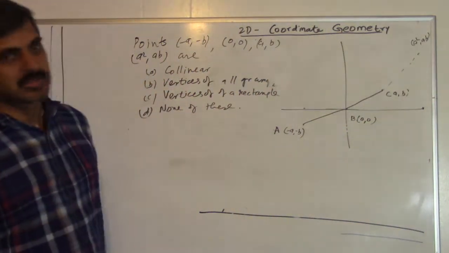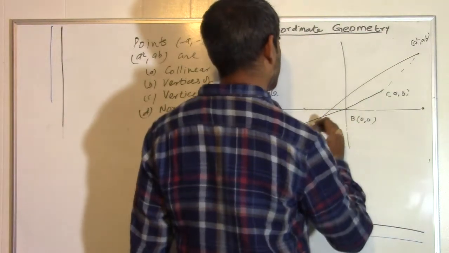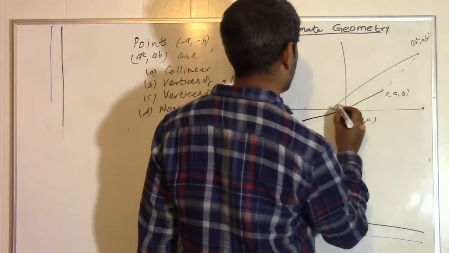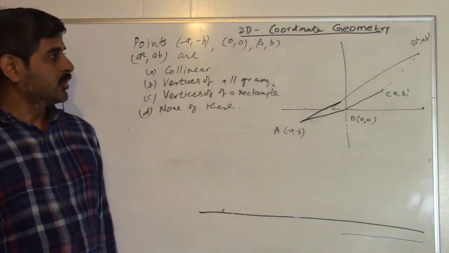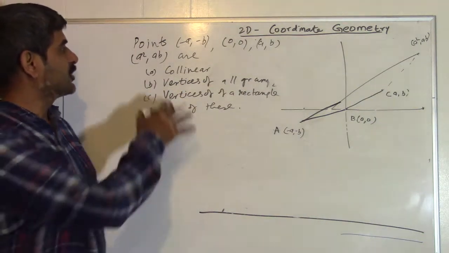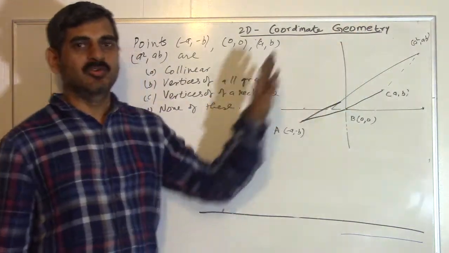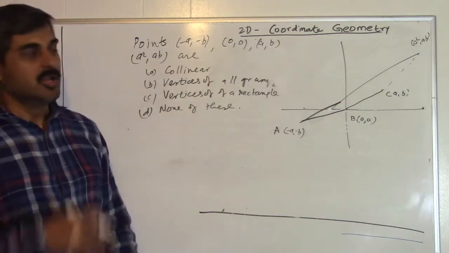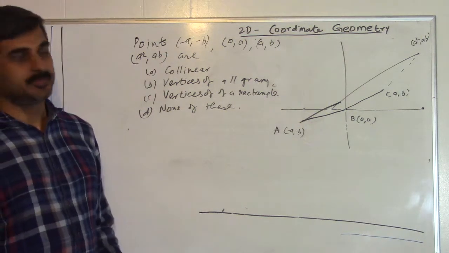This is what it looks like. So it could be vertices of a rectangle or a parallelogram, or it could be collinear. But the way I am plotting the points, collinear looks like one of our choices. So we will first check these four points for being collinear.